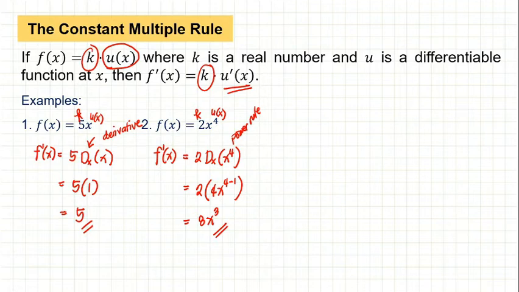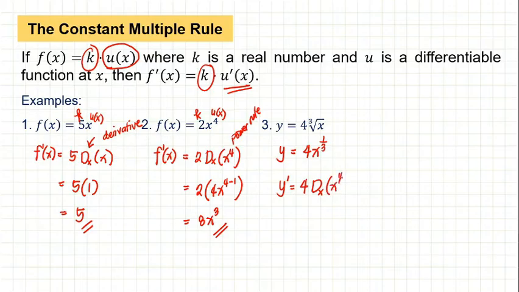Okay? Now, for number 3, we have y equal to 4 times the cube root of x. Again, cube root of x, we cannot take the derivative easily. We need to change this one in the form x to the n. And we know that this one is just the same as 4x to the power of 1/3 because cube root of x is the same as x to the 1/3, right? Now, applying the constant multiple rule, we have y prime is equal to, you copy the numerical coefficient, which is 4, and take the derivative of x to the 1/3.